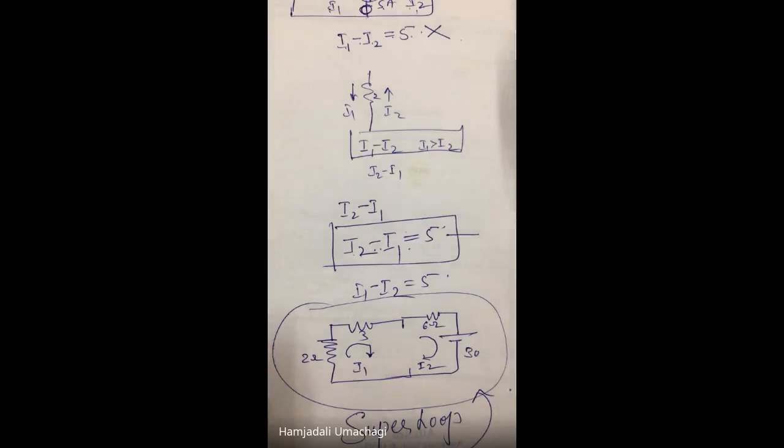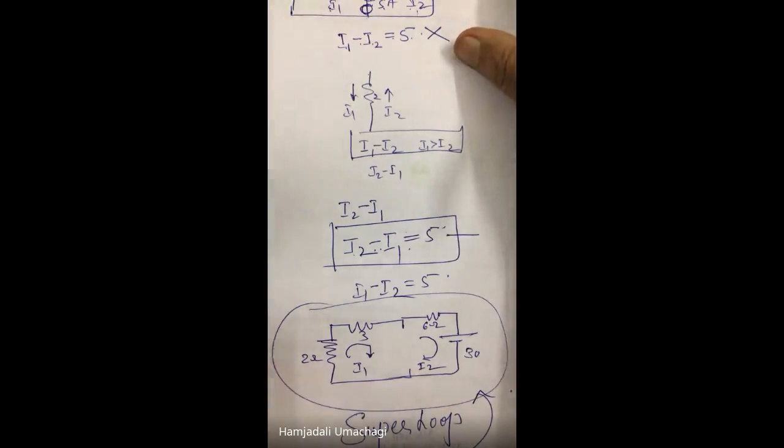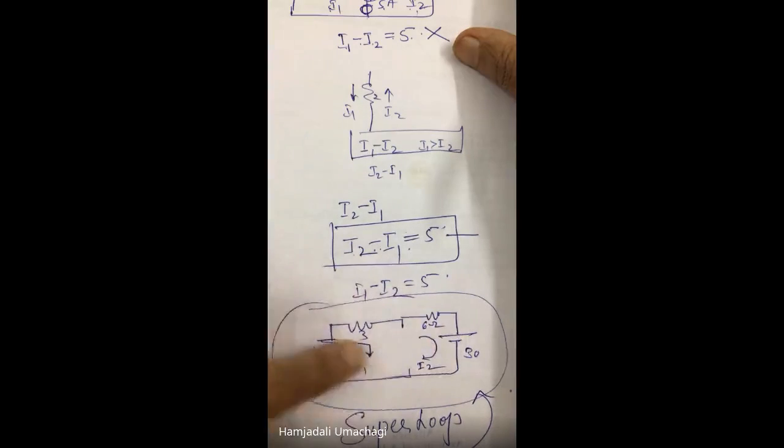See here, just remember that if there is a current source between two common loops, after defining the source current in terms of loop currents, you open circuit or replace the current source by an open circuit, and the resulting circuit is called a super mesh.